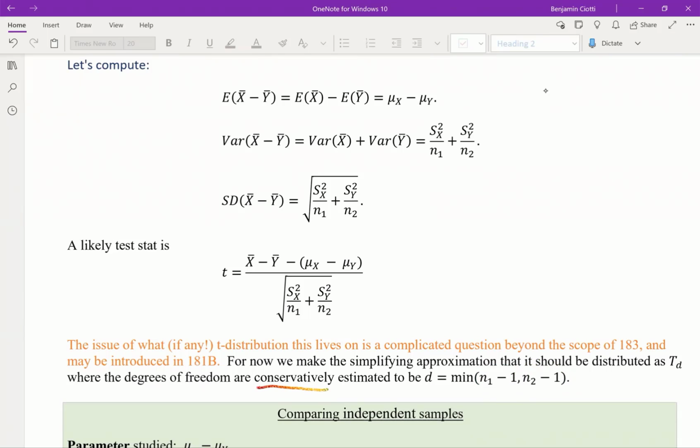So when I say conservatively, I mean, it's actually possible to do better. There exists a much more complicated formula, but we're not going to use it in this class. So to keep things simple, we'll just make this the degrees of freedom in this case.